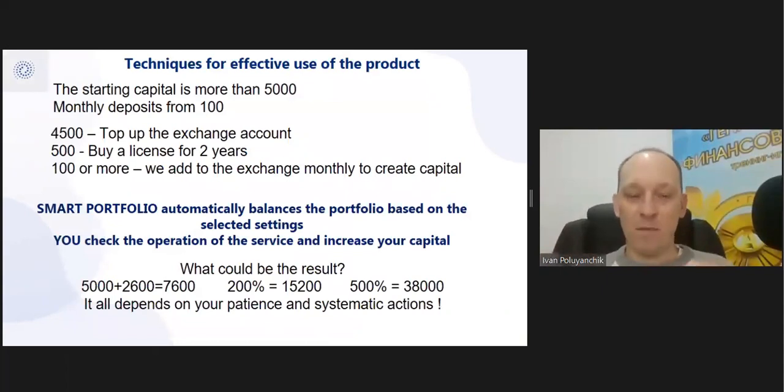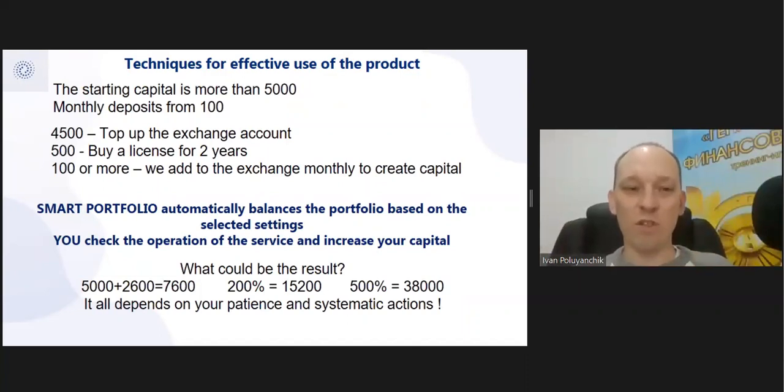The main method that will help smart portfolio users earn good money over a long period of time. Say your seed capital is 5,000 US dollars and you plan either monthly or weekly to top up another $100.